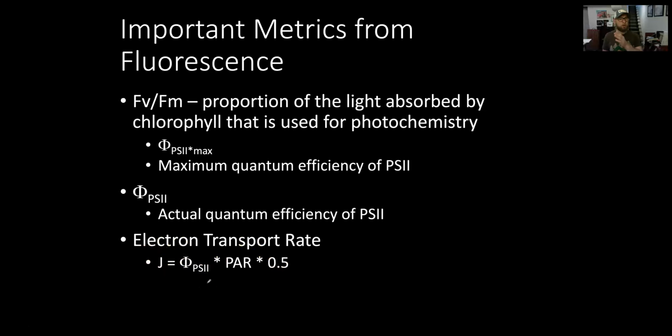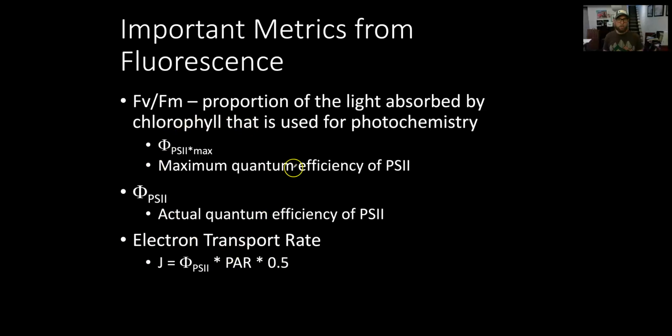And this is a little more of a direct measurement, because in this one, we're actually stressing out or triggering the light reactions to work and measuring exactly what those light reactions are doing. So this is a little more direct measure of electron transport rate, but we can get it from both of those types of measurements. And so that's just the equation we would use to get that.